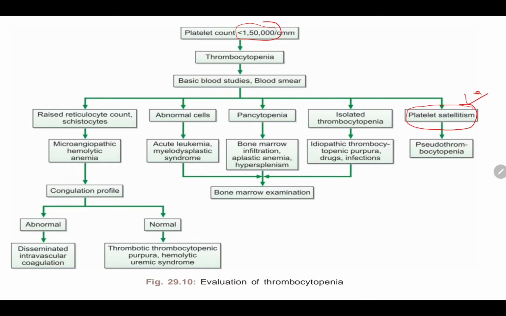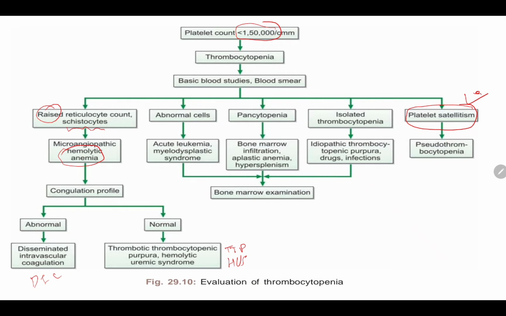Then if the platelet count is decreased with raised retic count and schistocytes on smear, then look for a hemolytic condition. Then we further go for the coagulation profile, and if the coagulation profile is abnormal, it might be due to DIC, and if it's normal, it might be due to TTP or HUS.